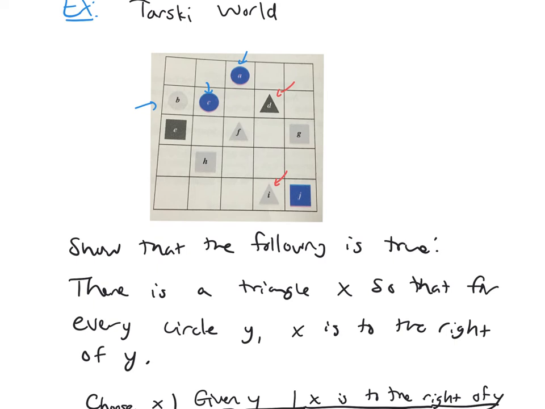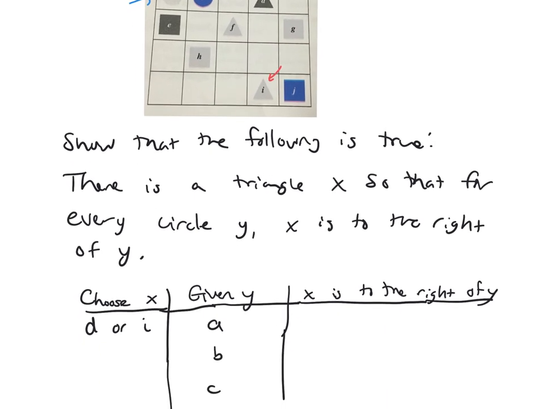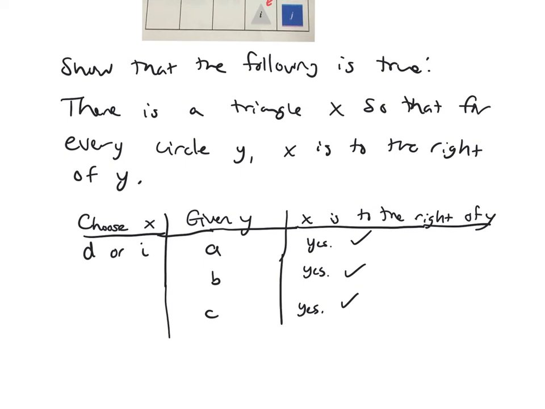D is to the right of A, it's to the right of B, and it's also to the right of C. So maybe I'll write yes, yes, and yes, because I know that all of those are true. Okay, so again, this is a little bit different than the last one. Here you're looking at one possible value for the X column, and then you're listing out all the possible values in the second column, in the Y column.